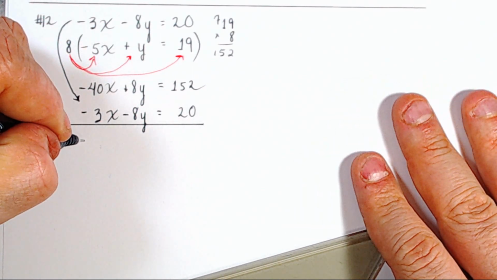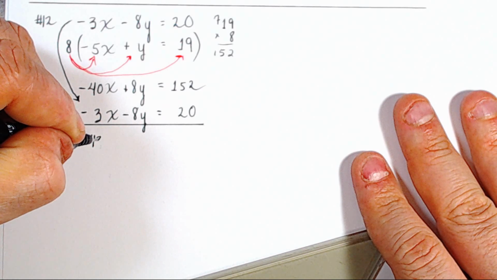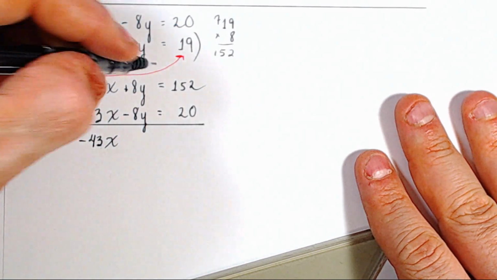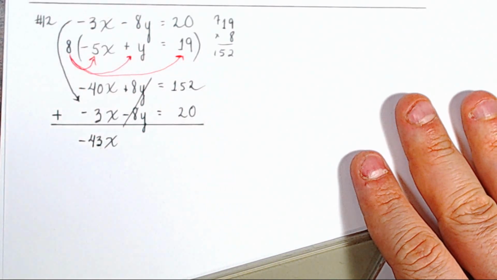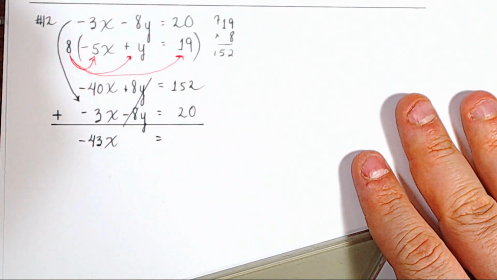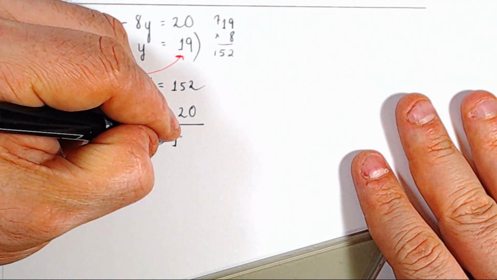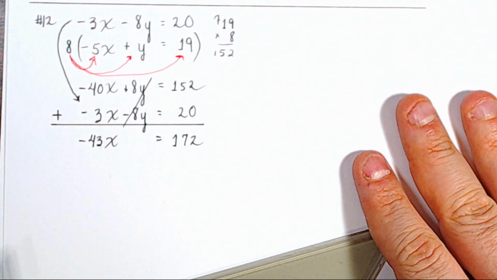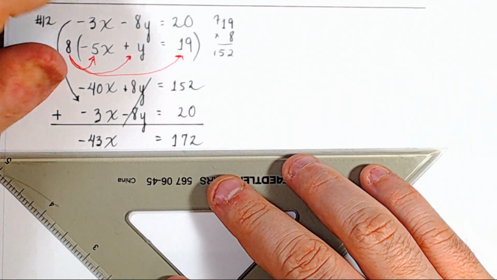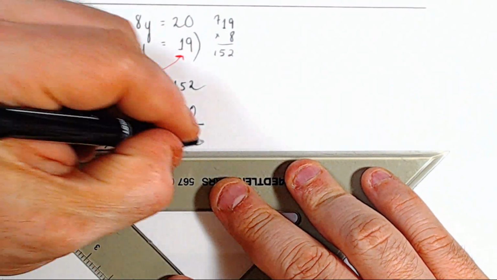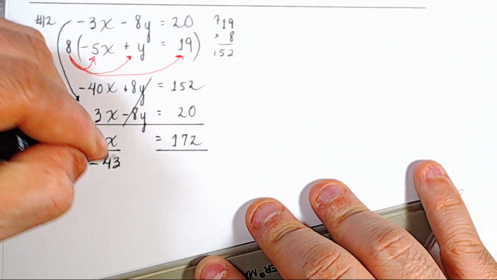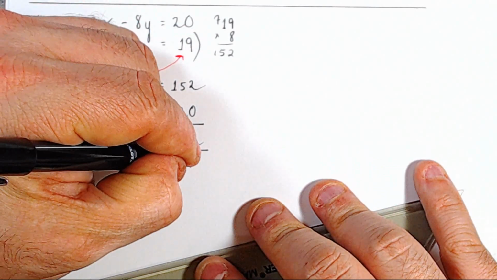Negative 43x. 8y minus 8y cancels. Equals 152 plus 20, which is 172. Right? Okay. So now we divide both the left and the right by negative 43.